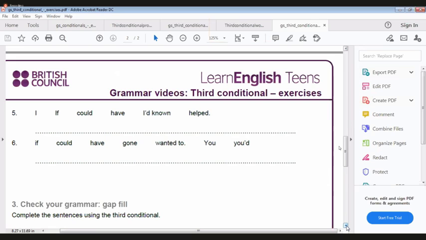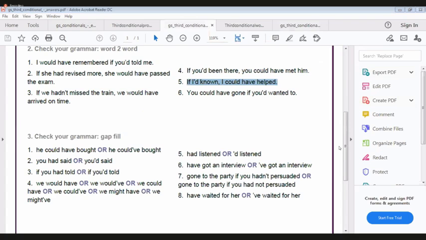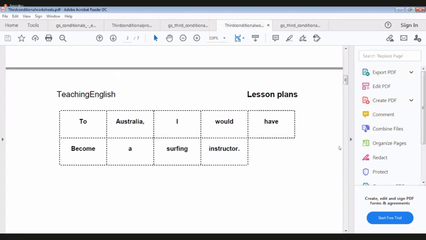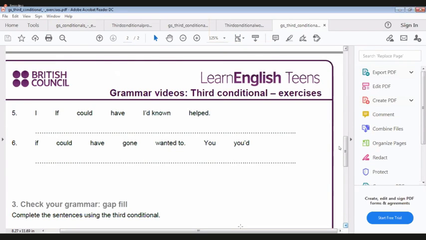In the main clause, what is the structure? Remember. In the main clause, would or could plus have plus past participle.